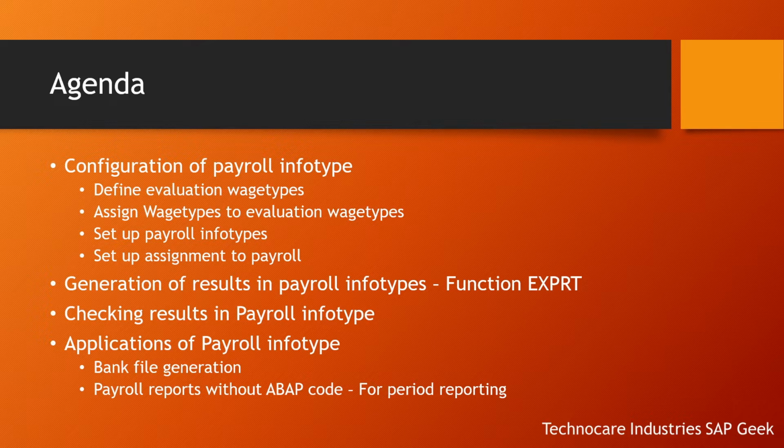And what would be the applications of a payroll infotype? One might ask that all the information is already available in the live payroll result, in the PCL2 clusters. Then why do we need a separate mechanism for capturing specific payroll infotypes? It all boils down to time complexity.